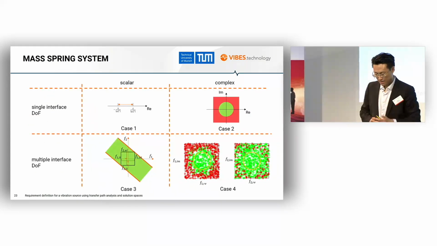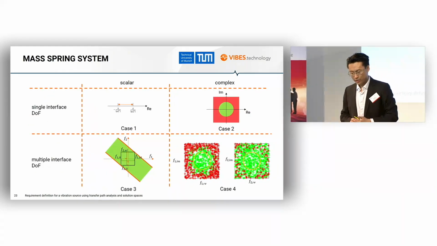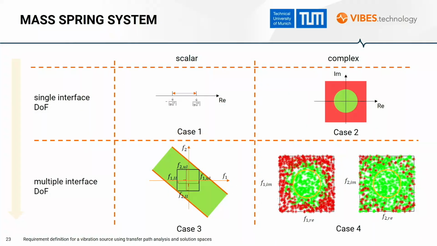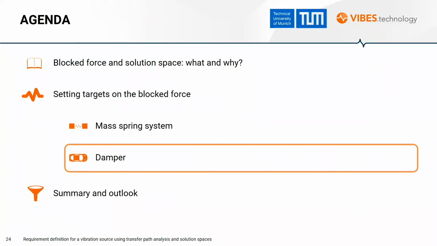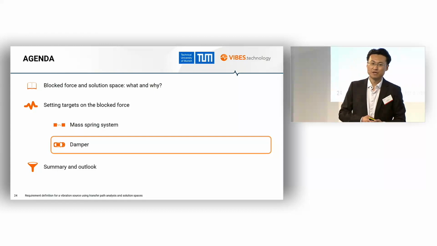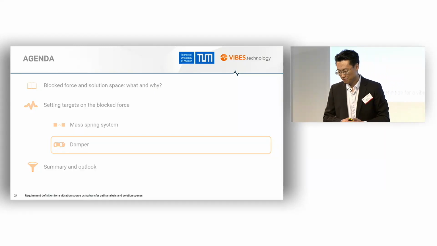To summarize, we notice that as the complexity of the design increases with increasing number of interface stops and with damping taken into consideration, the analytical derivation is no longer enough, and the solution space method provides a very powerful numerical tool. So in the end, we implement this method onto the damper problem.